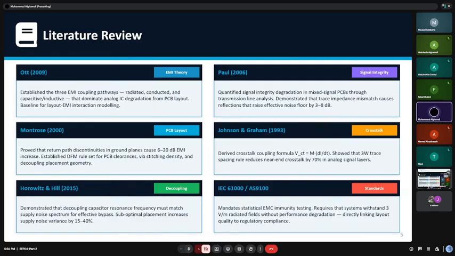Montrose proved that return path discontinuities in ground planes cause a 6 to 20 decibel EMI increase, and the rest of them. Most of these references are still the same. They established the main formulas and equations that are used until our current days. They only play now with the design to optimize and enhance the efficiency of such PCBs.